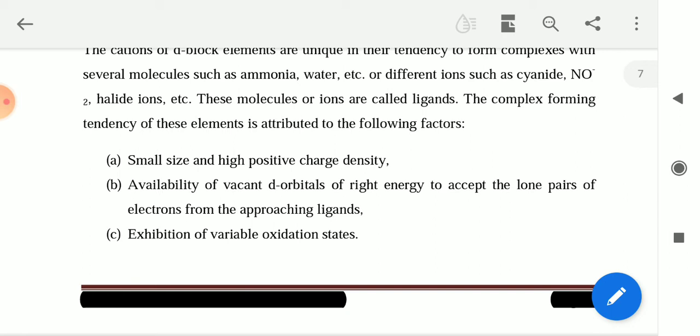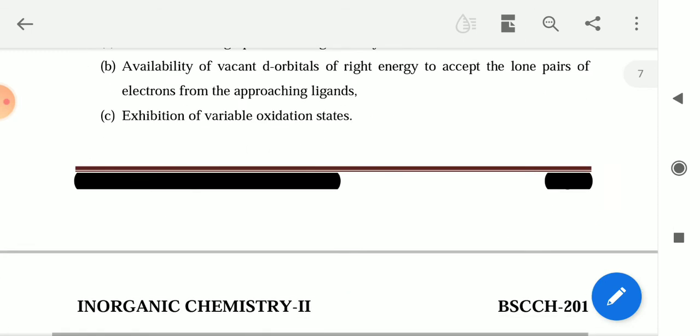The availability of this kind of complexes is because of the vacant d orbital, which can accept an electron or a lone pair of electrons from the approaching ligand. These complexes also show variable oxidation states.